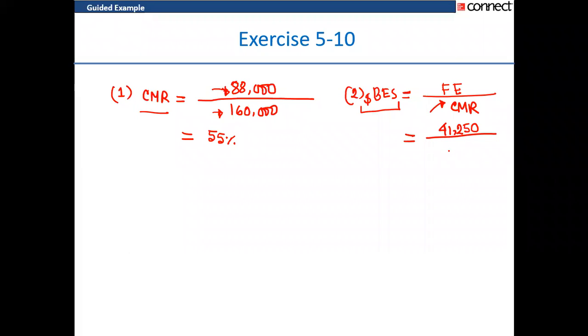And the contribution margin ratio we solved here is 0.55. And so the break-even sales dollar is how much? Your calculator should yield $75,000.